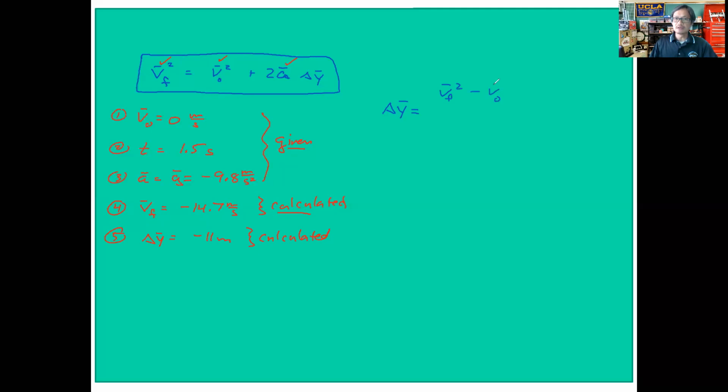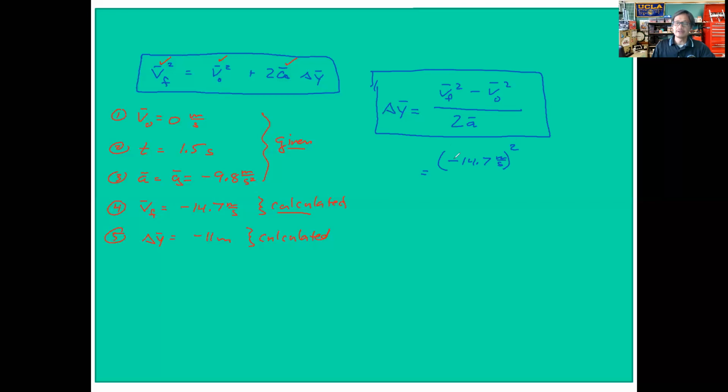So it's going to be v final squared minus v initial squared, all over 2a. If you're not clear on how we derived this equation from this formula, you come by and see me, because it's absolutely necessary that you're able to do that for the exam next week. At this point it's just a matter of plugging in our values. v final is negative 14.7 meters per second, and we have to square that whole thing.